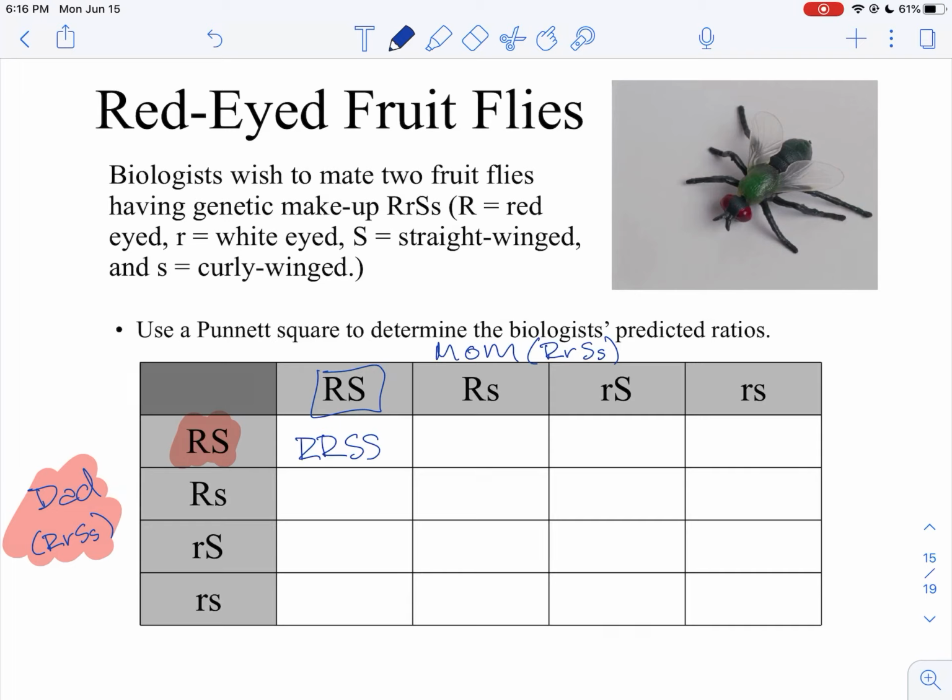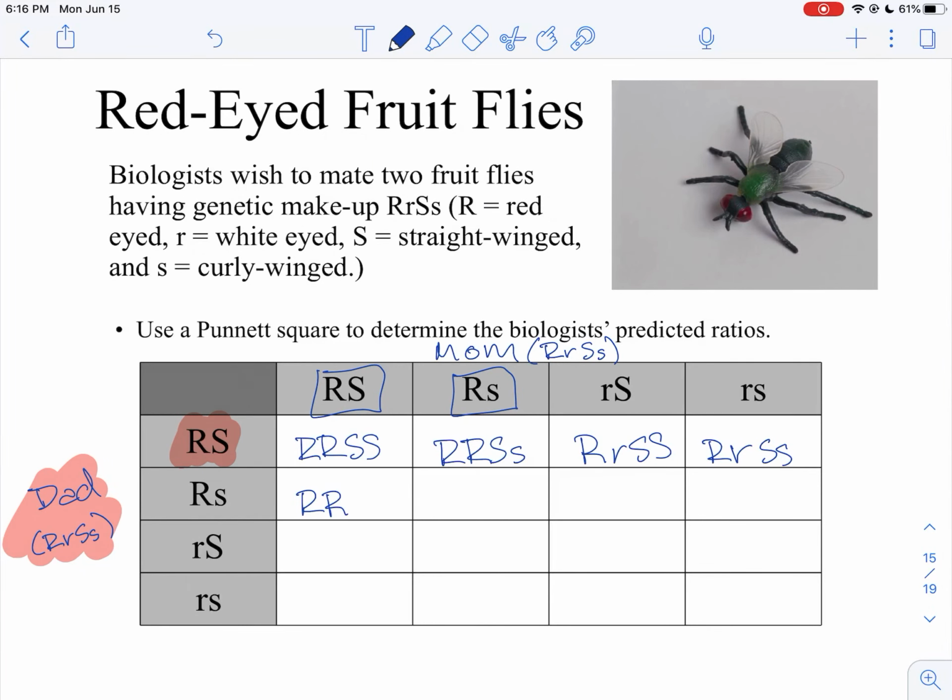And so going across the row, if they get a capital R, lowercase s from mom and a capital R, capital S from dad, then it would look like this: capital R, capital R, capital S, lowercase s, and so on. So we'd have a capital R, lowercase r, capital S. We'd have a capital R, lowercase r, capital S, lowercase s, and so on and so forth, okay?